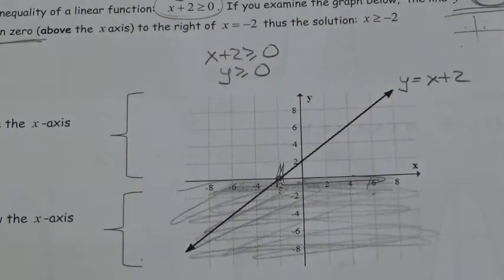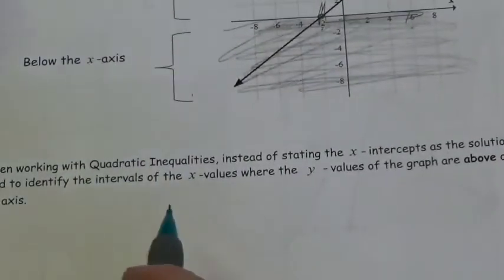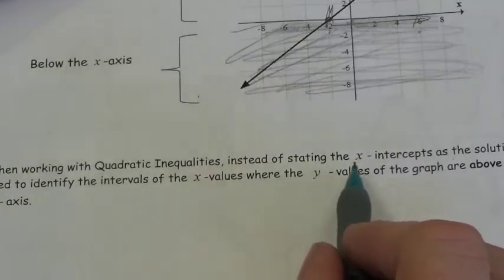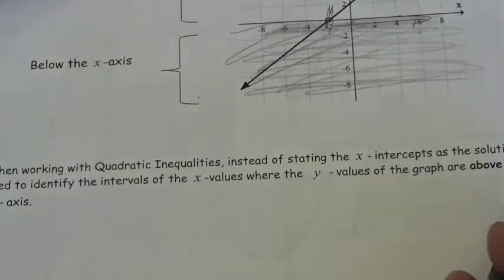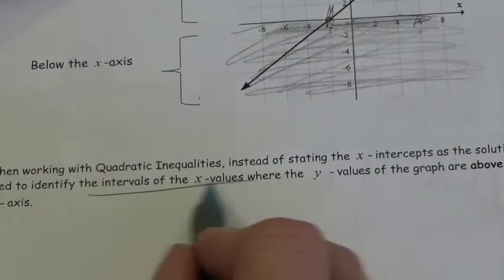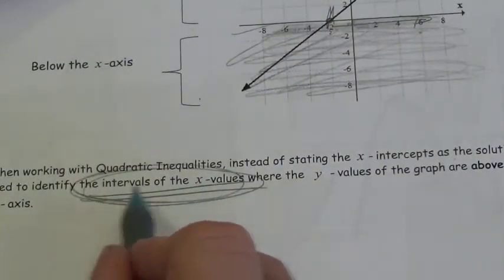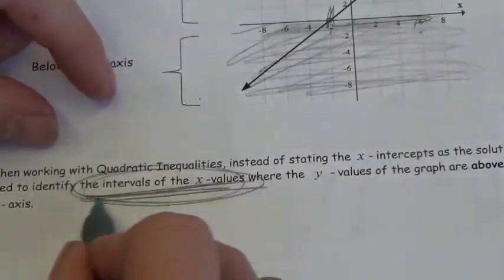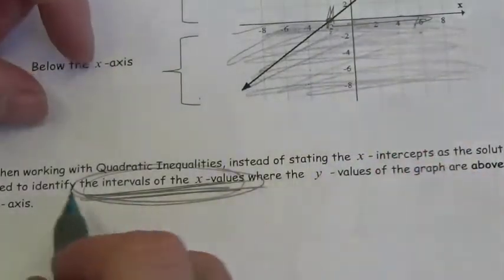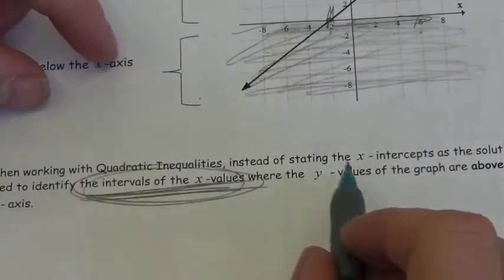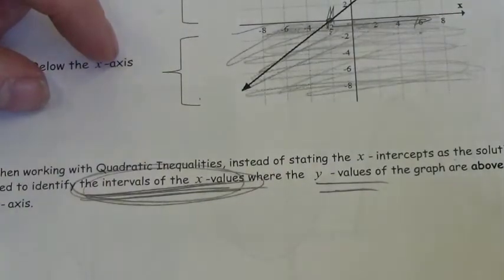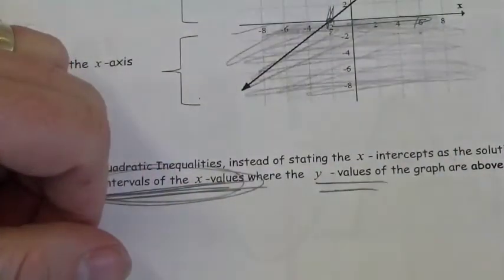So when working with quadratic inequalities, instead of stating the x-intercepts as the solution, the graph is used to identify the intervals of the x values. So focus on that. Your solution will be intervals of the x values where the y values are either above or below the x-axis.